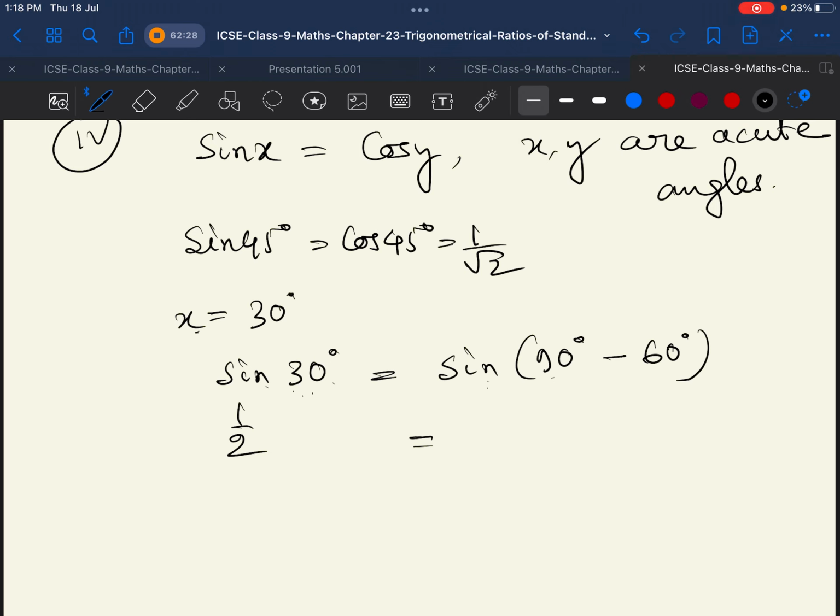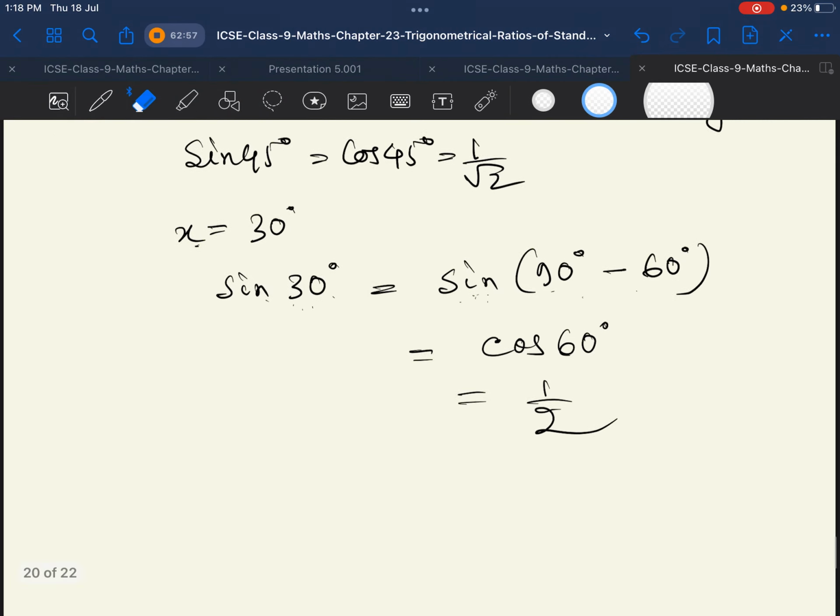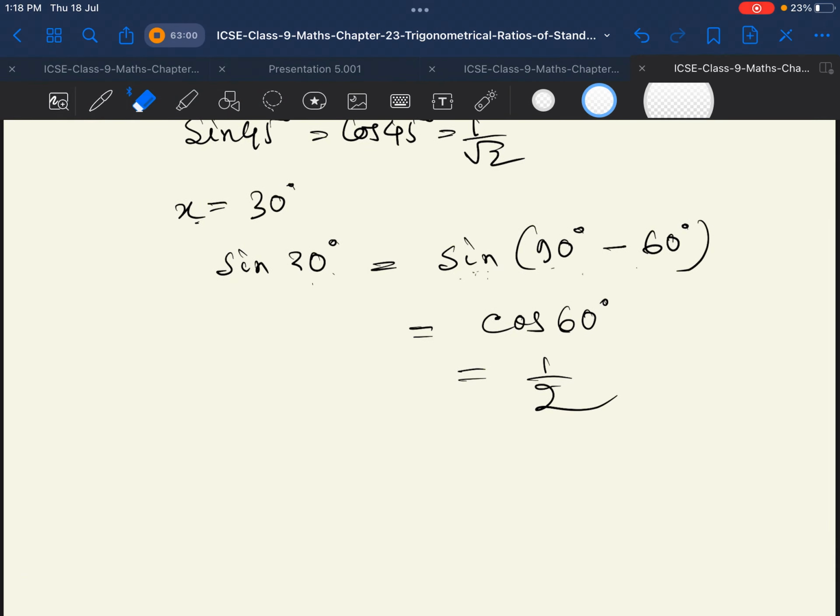Now cos 60 will also be 1 by 2. So sine of 90 minus 60 we can write as cos of 60. So this value is also 1 by 2. Here we see sine 30 equals to cos 60 degree.